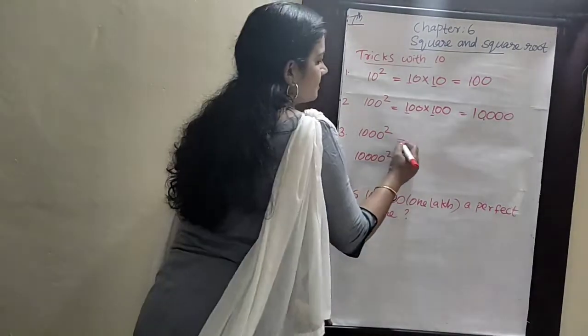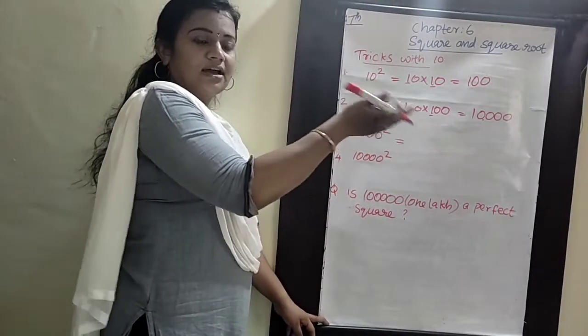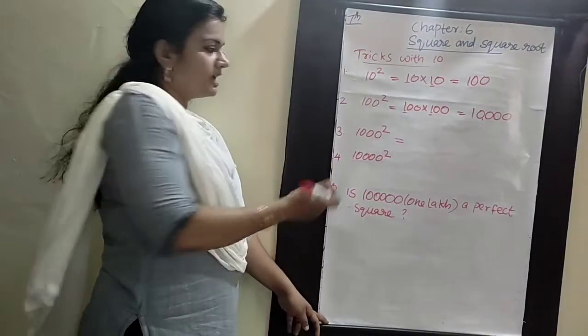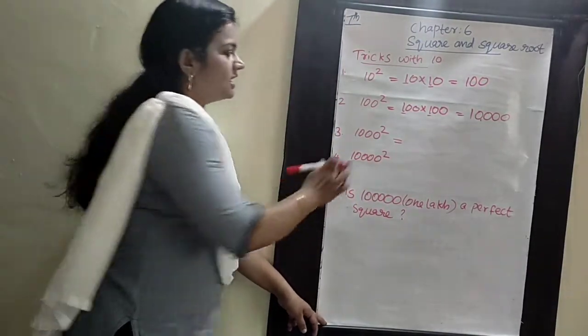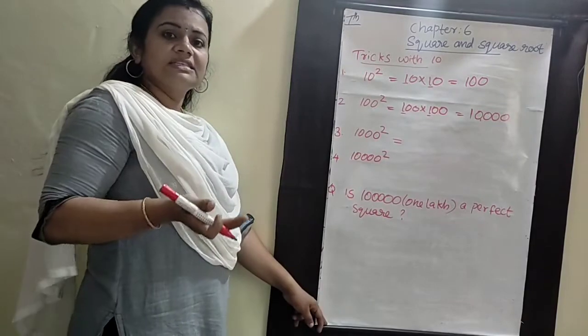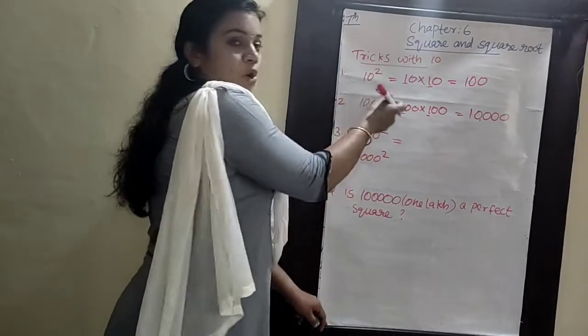Then 1000. How many zeros are here? 3 zeros. 1000 square.